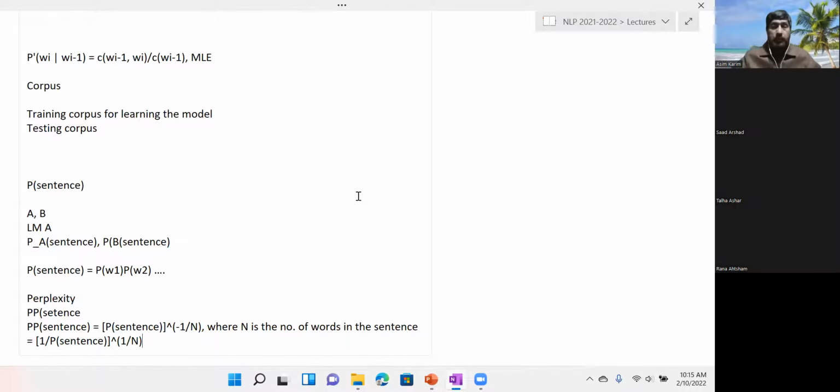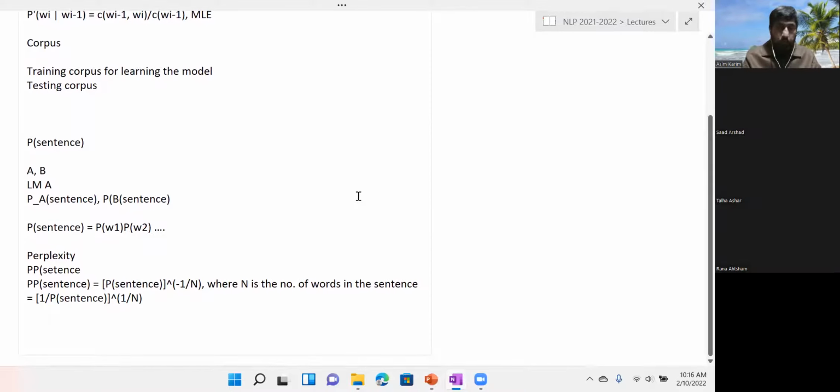So it is the inverse of the probability, and of course, you are normalizing it by taking the nth root, which is normalizing with the number of words in the sentence. If you have a longer sentence, then n would be larger. So this essentially is perplexity.